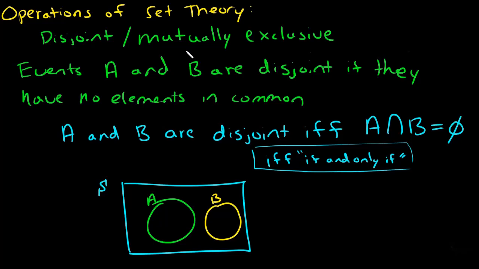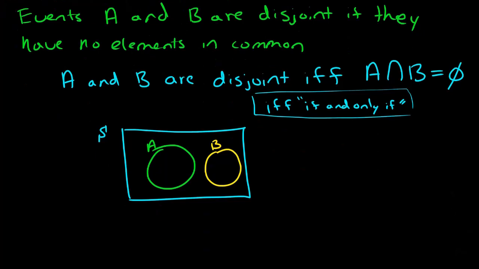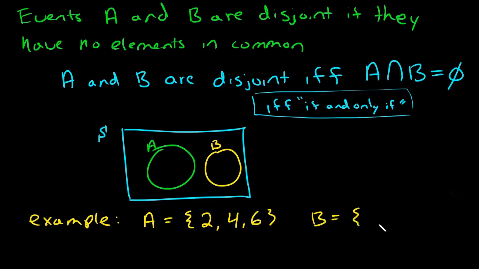Let me go ahead and do an example of disjoint events. Suppose A is the event that we roll an even side on a die, and B is the event that we roll an odd side on a die.